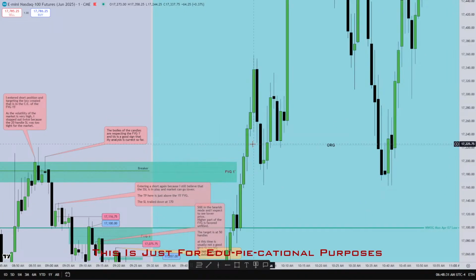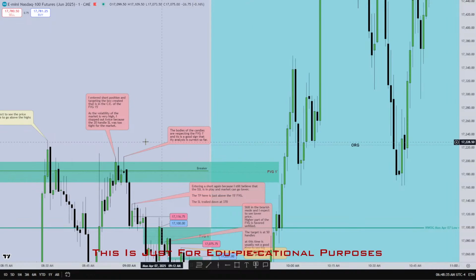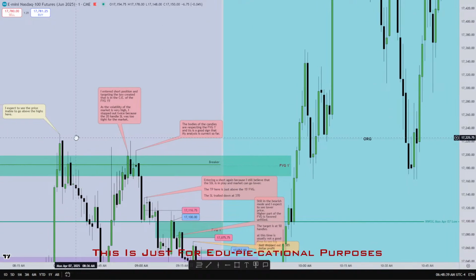to the north to the 50% of the open range gap, which is also above the relative equal highs I was mentioning before, as I wasn't feeling willing to get filled here to clear this buy side liquidity.